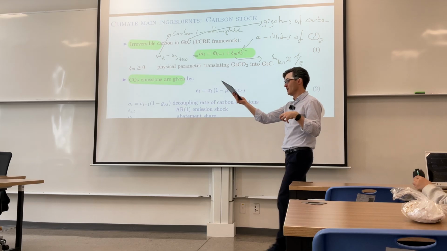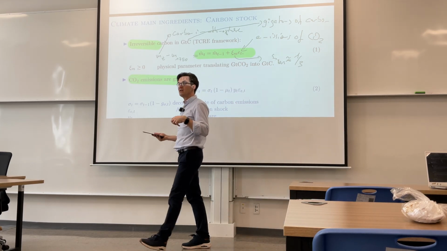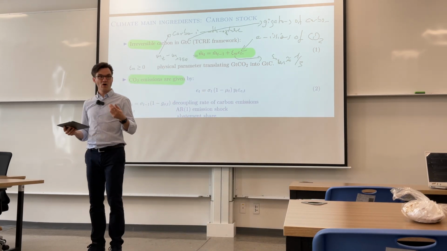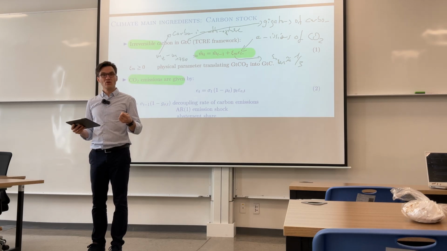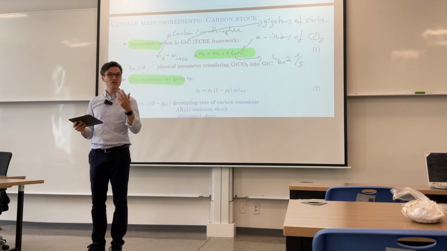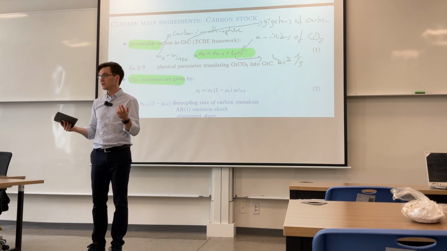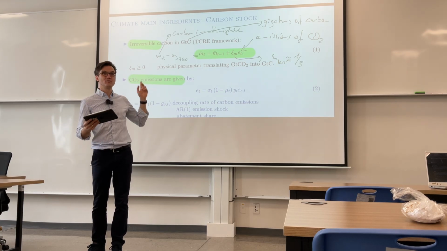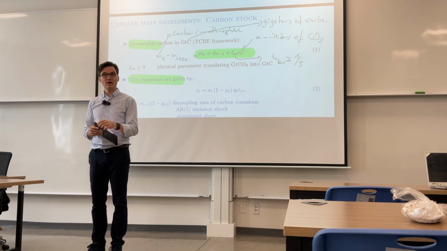Plants need CO2 in order to operate and to live. So not all the CO2 that is emitted, either naturally or for production purposes, ends up in the atmosphere. Only a portion of it does.